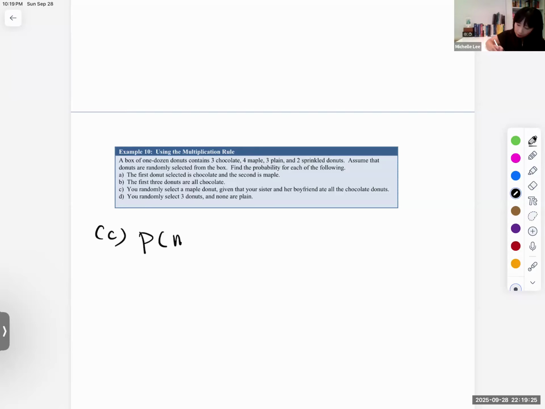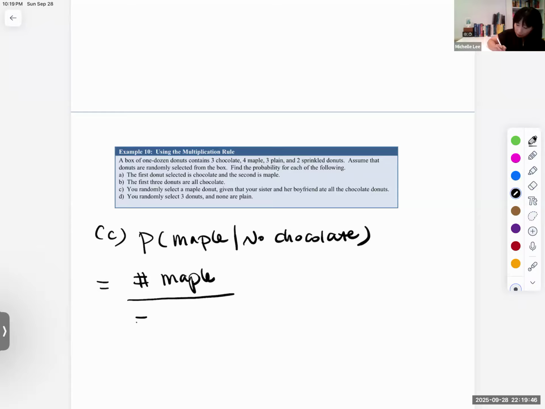So we want to know about the maple. What's the probability to have a maple donut given that there's no chocolate, right? So it will be the number of maple divided by the number of the sample space, without chocolate.